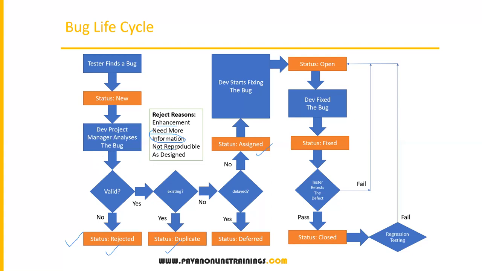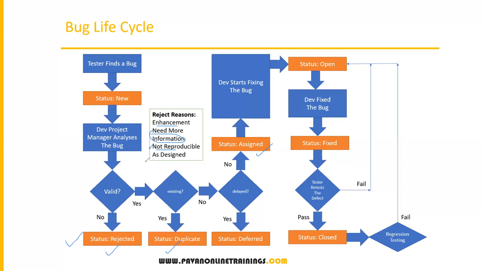Sometimes the developer cannot reproduce the bug in their environment based on the steps we have shared with them. Once they execute the same steps, they are not able to reproduce the bug in their environment. In that case also, they reject the bug, and they will update the status as not reproducible.